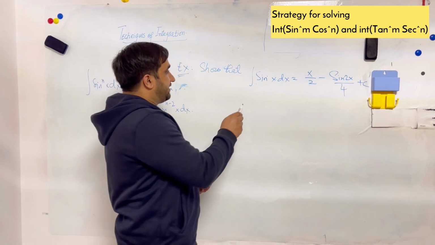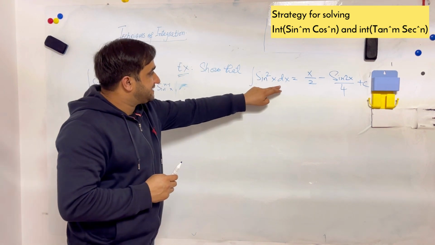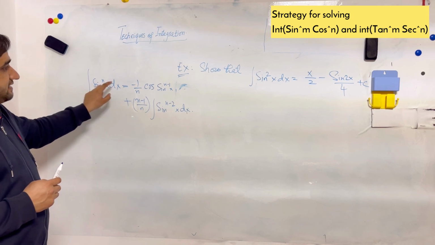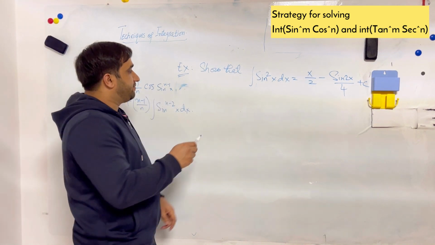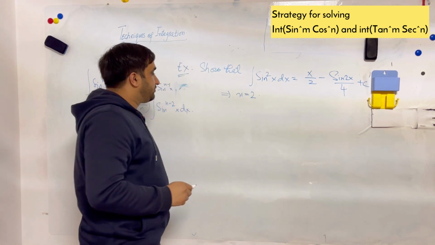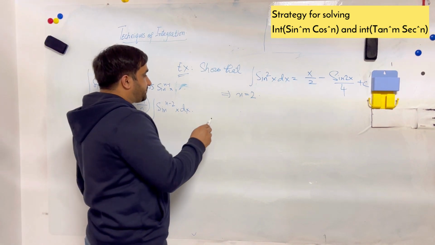Anyways, here we are doing the sine square x. So this is exactly the same as this, the only difference is instead of n we have 2. It means n is equal to 2. So in this whole formula, replace n with 2.